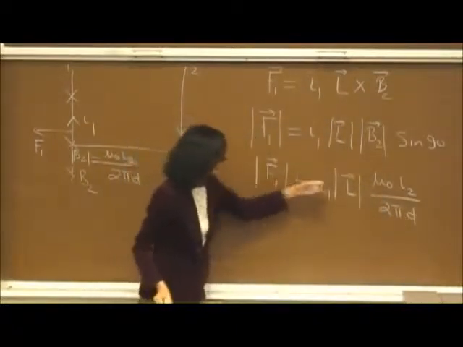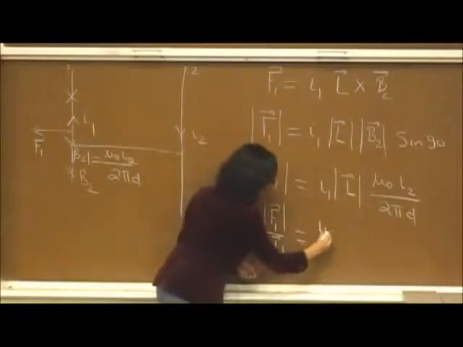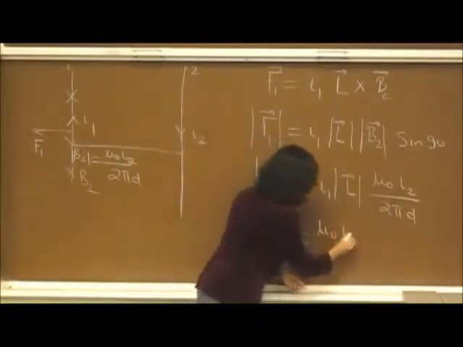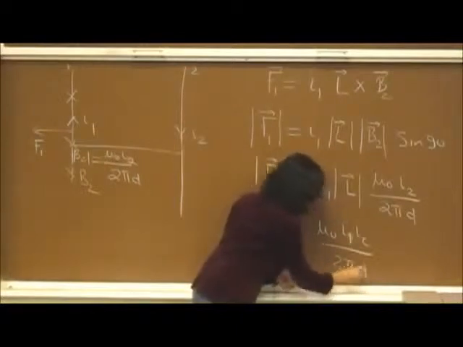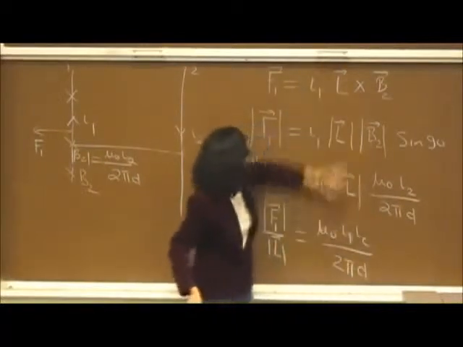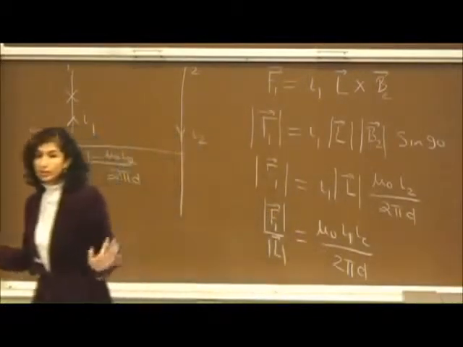Look, so what is F1 over L? You can see F1 over L, the force per unit length, is again mu 0 I1 I2 over 2 pi d. Isn't this what F2 over L was also? So we have verified Newton's third law.